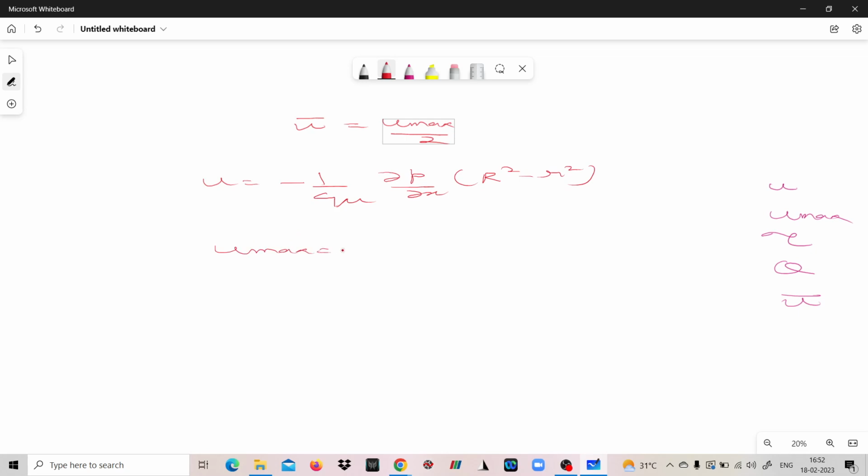U max is minus of 1 by 4 mu del P by del X R square. So u average will be, if I use this equation, minus 1 by 8 mu del P by del X R square, instead of 4 it will be 8 because 2 will get multiplied. Okay.